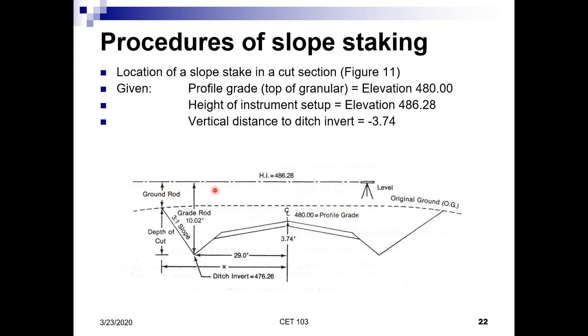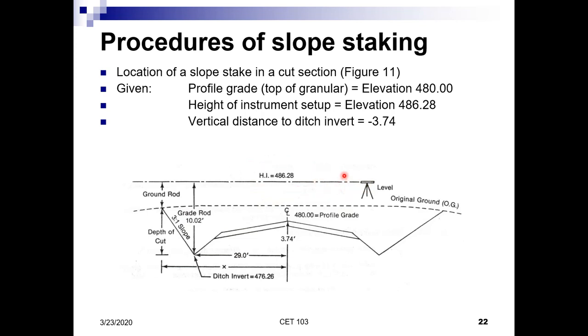In the method of slope staking, it's a trial and error process, as I mentioned in the last video. So we have to start by finding the location of a point on the ground and then moving right or left based upon that information. We're going to start out with some known things here. First of all, we know the height of instrument is 486.28.